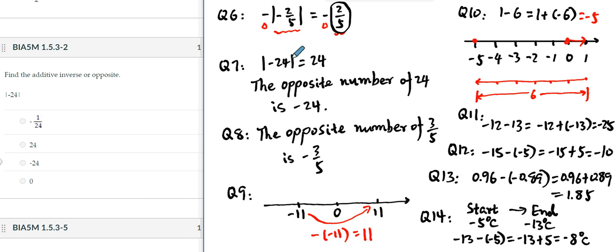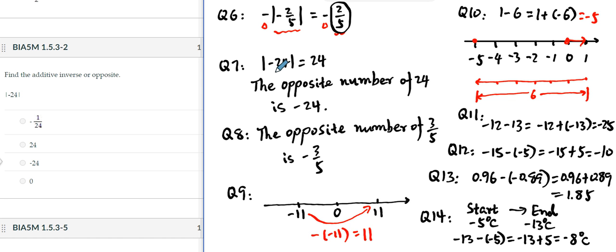Now, look at question 7. Question 7 here is negative 24, take the absolute value. We know the absolute value means the distance between negative 24 and 0. Distance has to be positive.